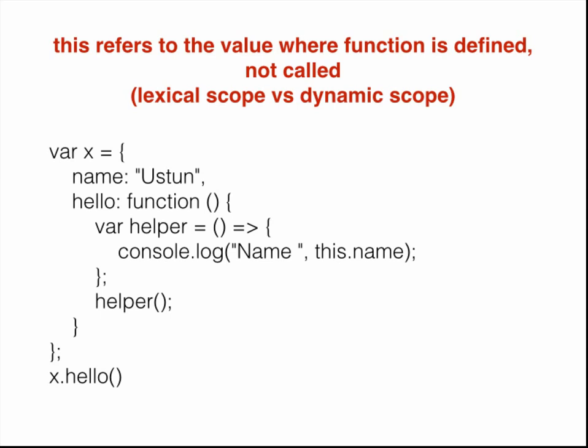The moment I enter hello, since hello is a method of x, this will refer to x. And I define helper now as an arrow function. Now I know that this is bound to x. Since I define the arrow function, this will not change. The keyword this will still be referring to x.